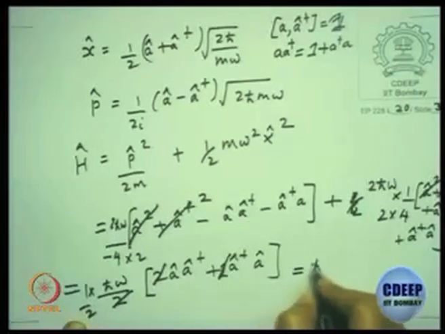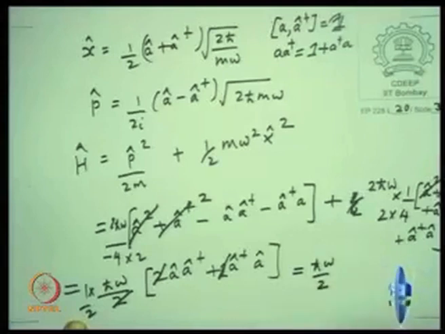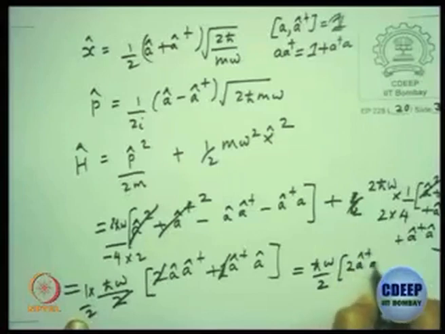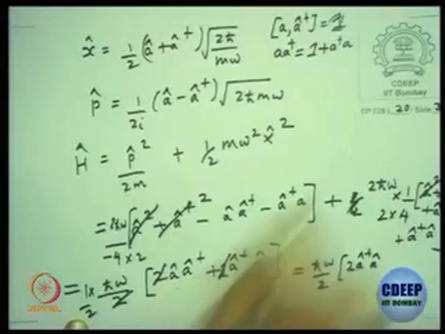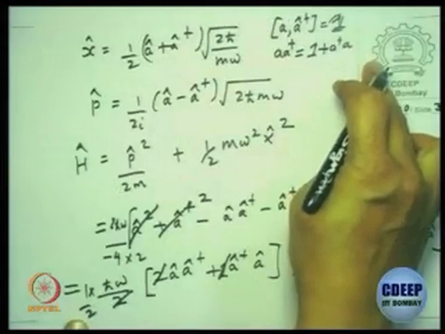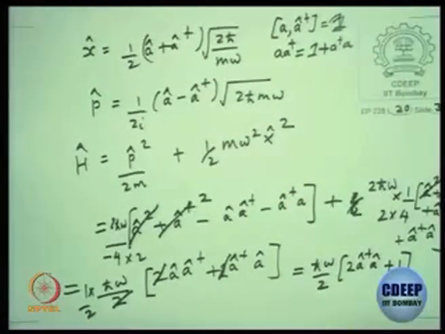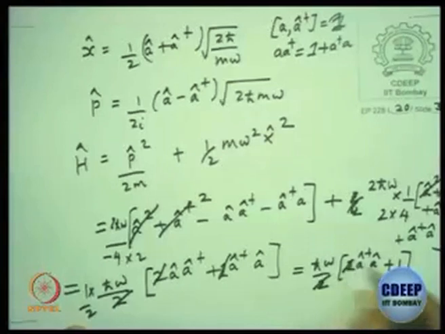This can be simplified as h cross omega by 2. There will be 2 A dagger A, because this A A dagger will have 1 plus A dagger A, and that 1 will also be added. So what happens finally? The 2 can cancel with this, but then you put a half there.